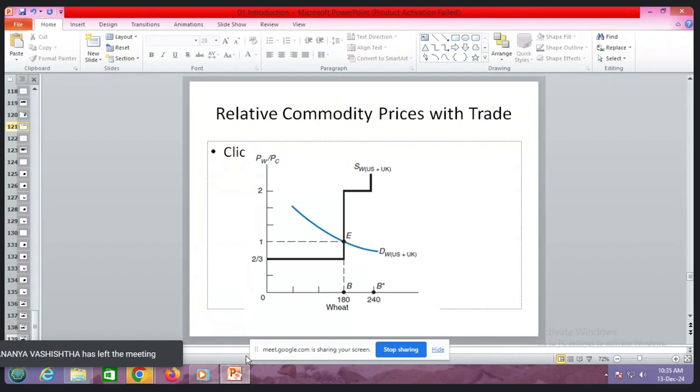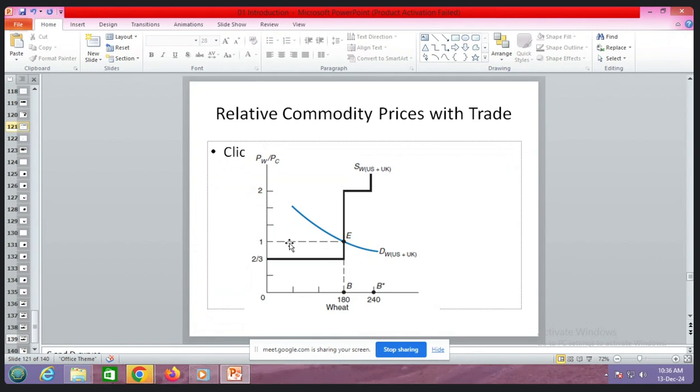And finally, the equilibrium is going to get established at the point where the relative prices are the same for both the countries, for both the commodities. As long as the relative price keeps varying, the trade is advantageous to one country and disadvantageous to the other country. So demand and supply forces are going to take shape and establish at a point where the relative prices are the same for both the countries.